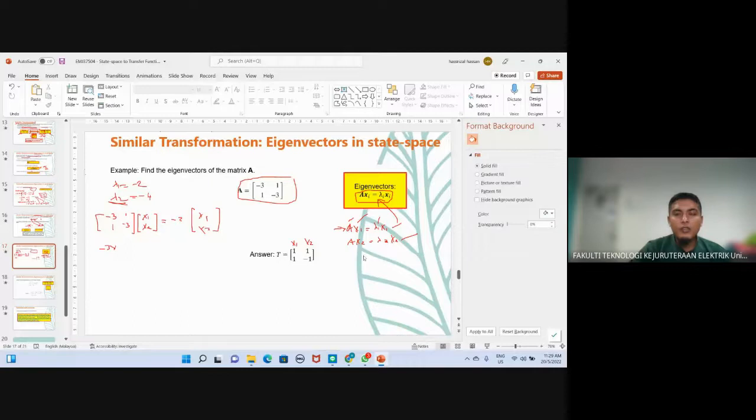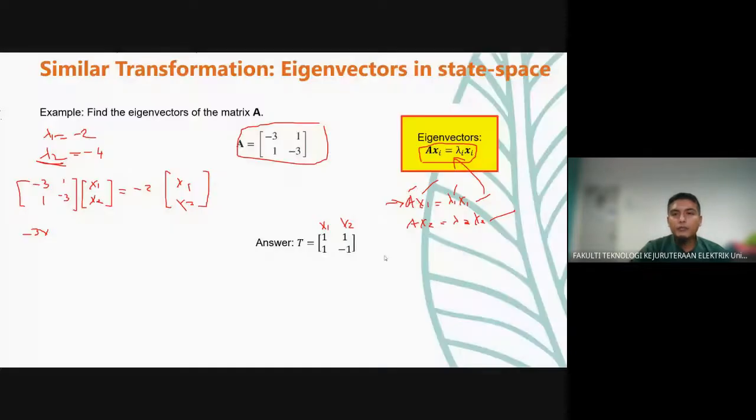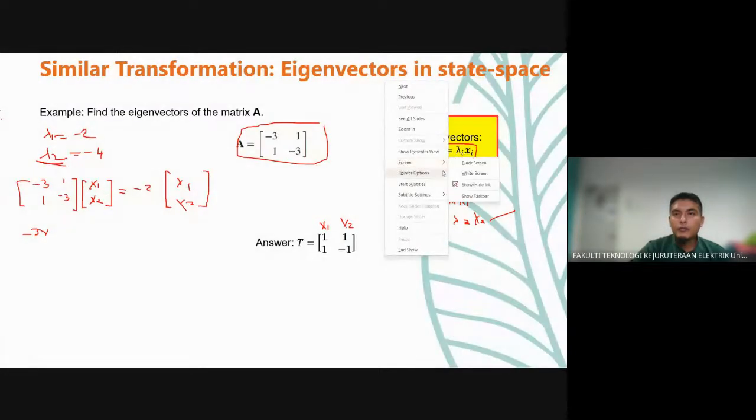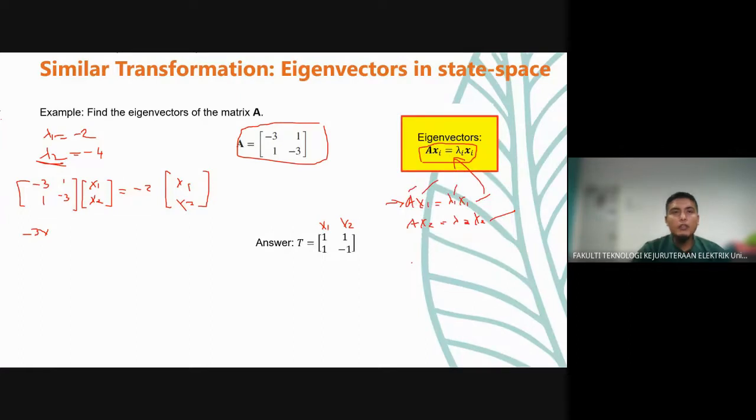Okay, so this is how you get this answer. This is for the eigenvectors, and the symbol of the eigenvectors is T.